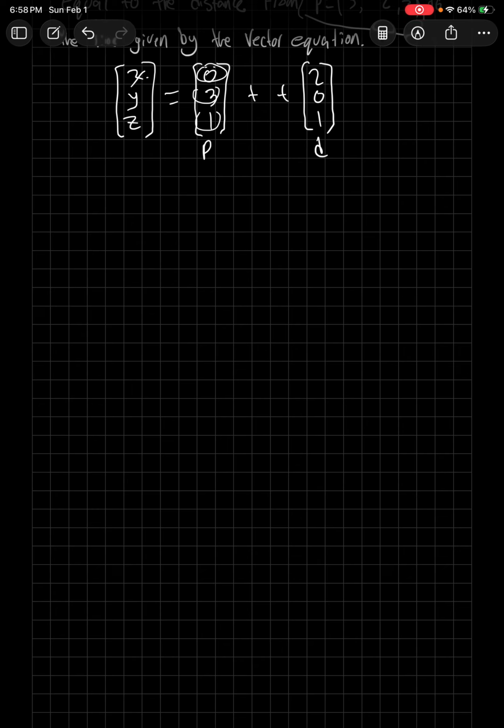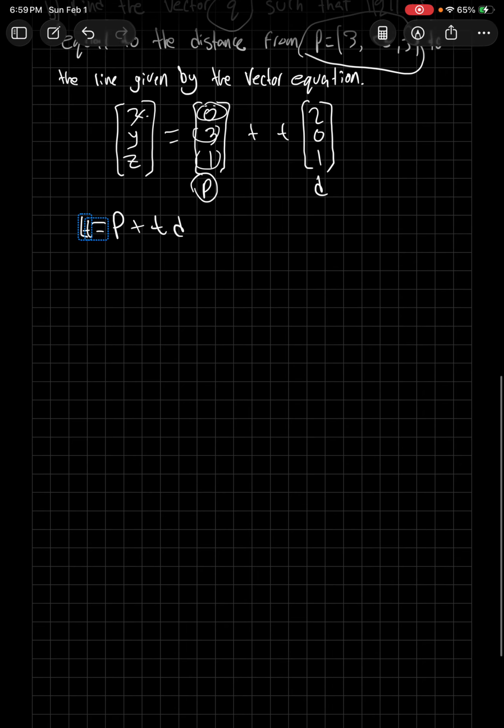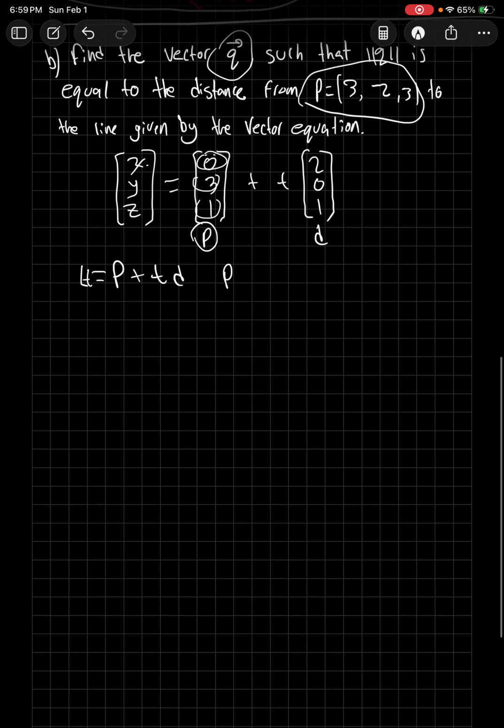The first thing that I like to do, since I don't know how to do the fancy L, so I'm just going to do it like this: L(t) is equal to P plus t times D. And then I like to write it out over here so that I don't have to scroll back up.